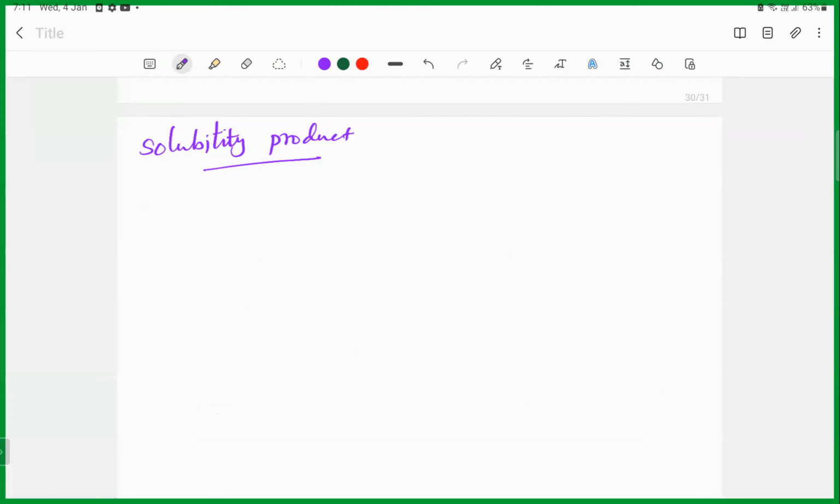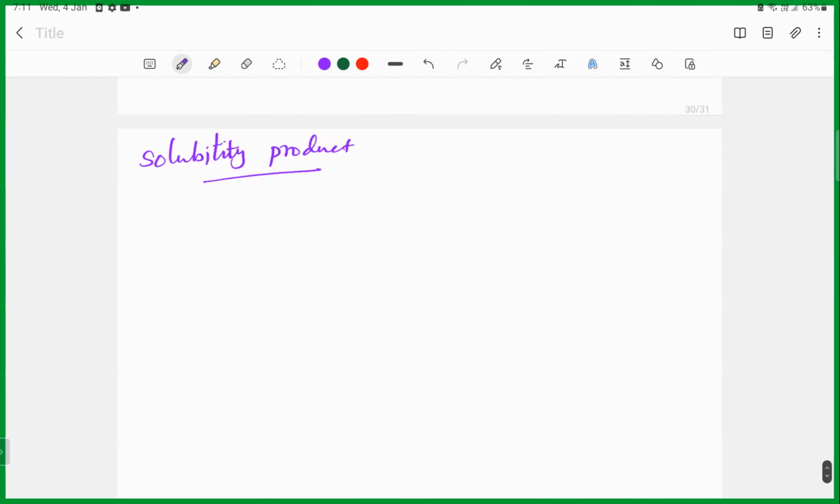So that salt is called a sparingly soluble salt. All substances have a solubility in a particular solvent at a particular temperature. When you increase the temperature of the solution, the solubility of the salt also increases.